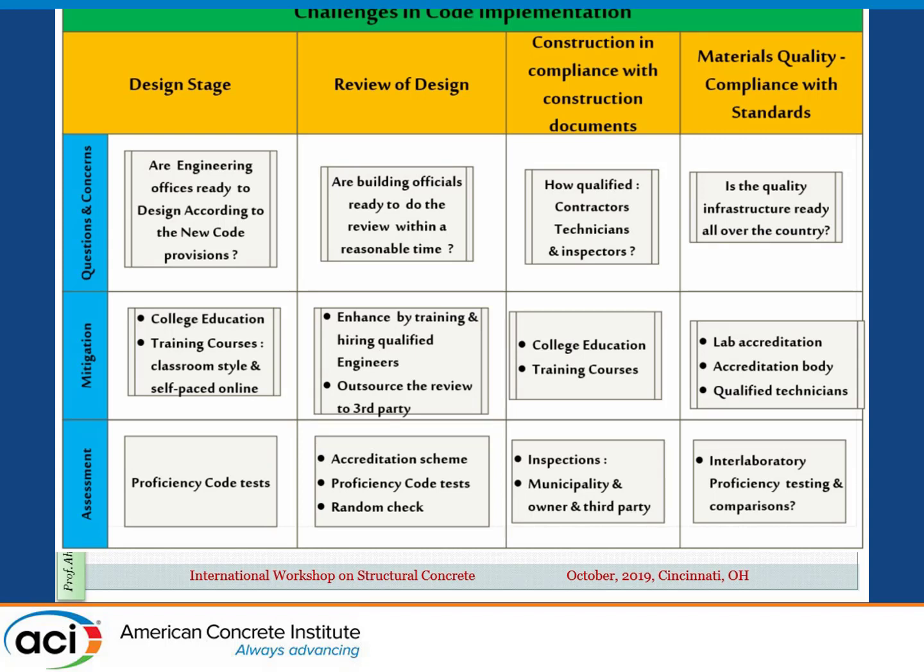Of course, we cannot know that for sure. So what we are doing, hopefully that will help, is some training courses, and we are adopting a program of training. We are also hoping that universities and colleges will do their own for the newcomers. And we are also planning to have proficiency code tests that will tell us something about the qualification of individuals.